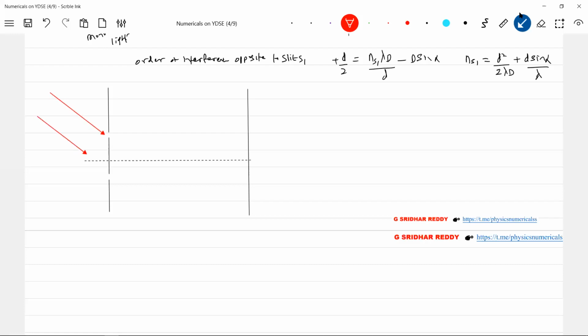No, this is the beam of light. So finally, what should happen? Both the rays should form, and the central maxima must be somewhere here.